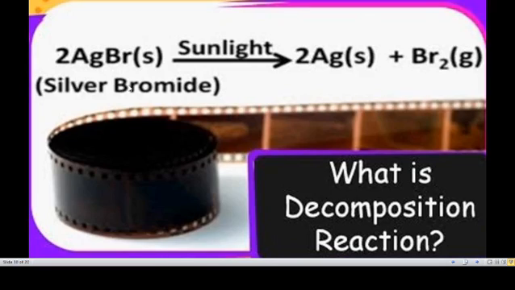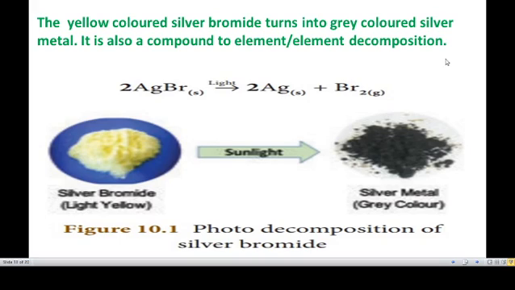This is the same reaction: silver bromide in sunlight forms silver and bromine. The color of silver bromide is yellow.